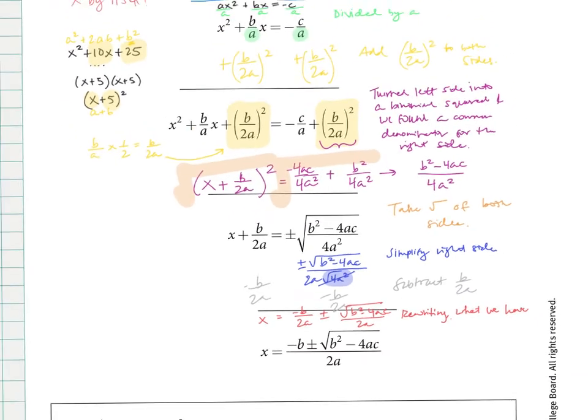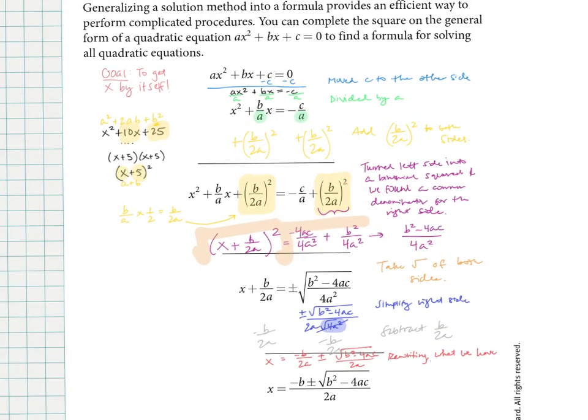So let's think back to what we were originally at. Our goal was to get x by itself. We figured out how to rearrange a generic quadratic equation to isolate x by itself. These letters b, a, and c all represent the coefficients in front of our x squared, our x, and our constant.